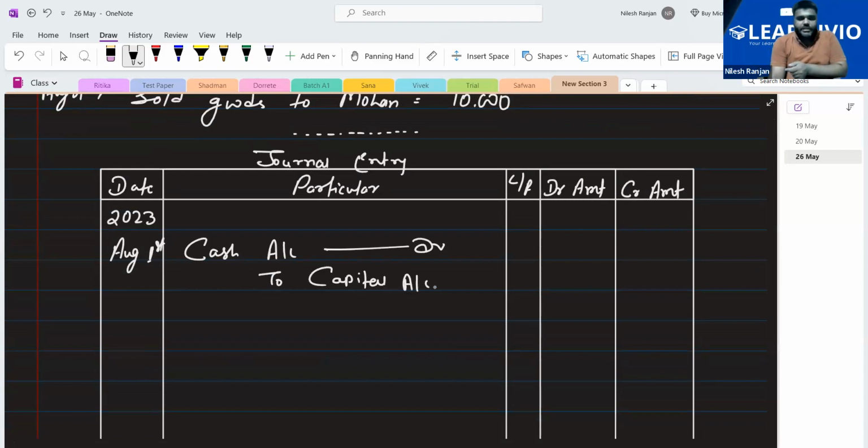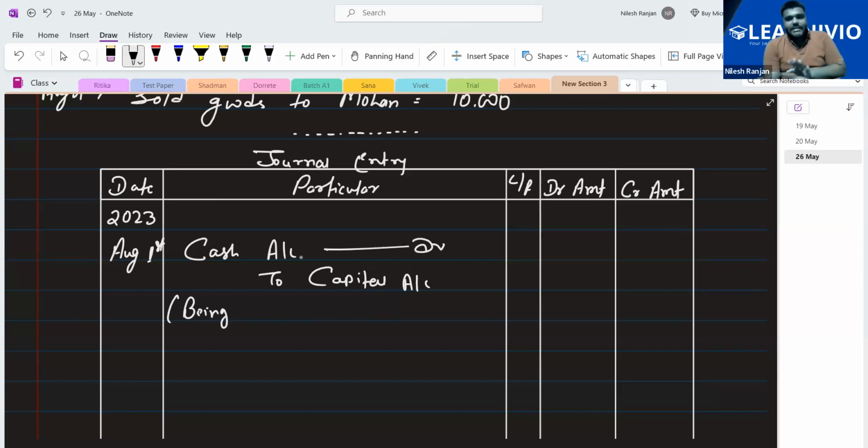Narration you can write here by writing "being" and then the transaction detail. Why do we write narration? Because we have to show the user of financial statements, the user of financial information, that we have passed this journal entry for this transaction. So we write the transaction detail, and this is the journal entry.